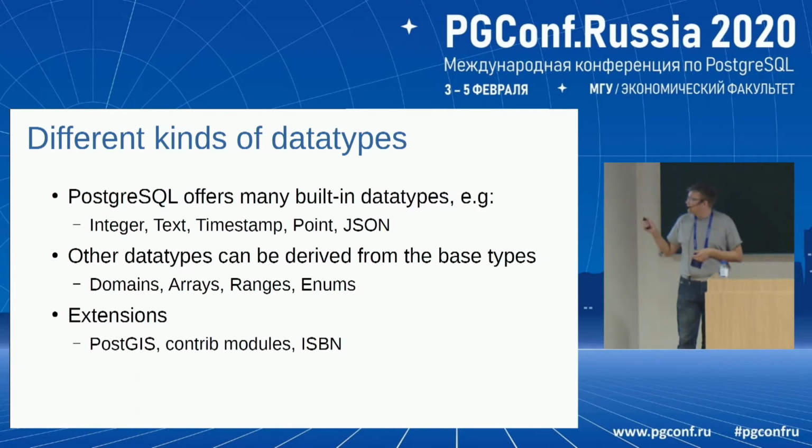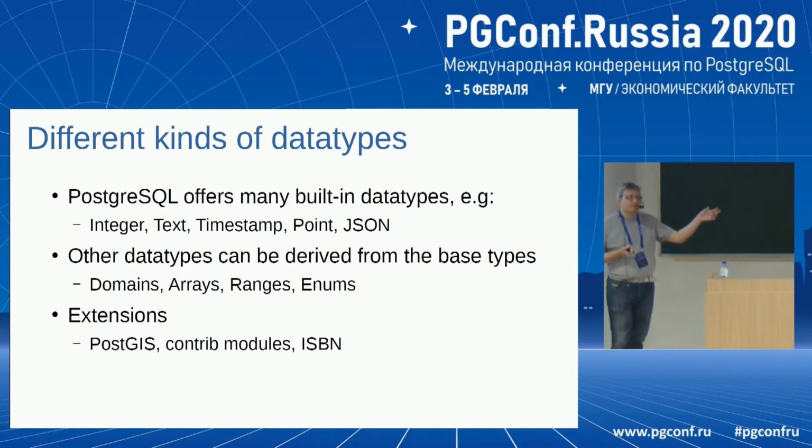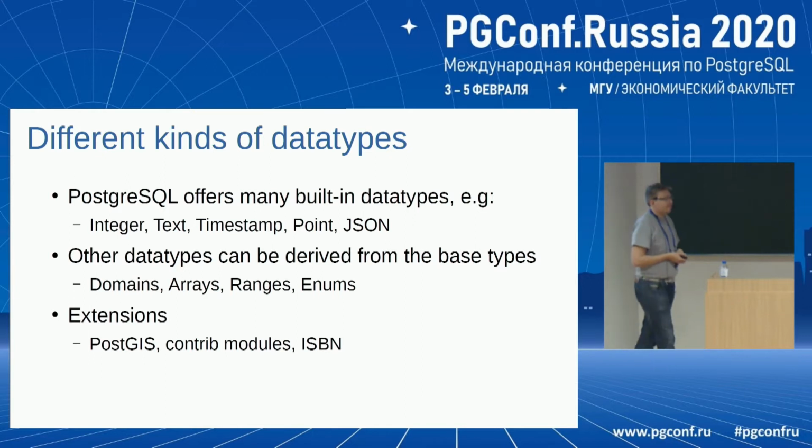And then you can also define your own data types using domains, which is just like any other data type, except that you can have additional constraints on it. And there are also arrays, so whenever you have a type, you can also have an array type on top of that. There are ranges, so you can have ranges of integers that you can check if they overlap and so forth.